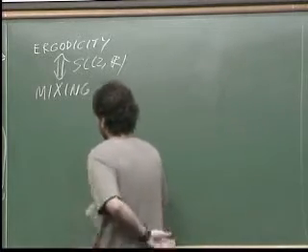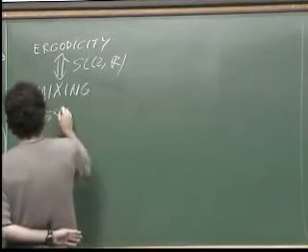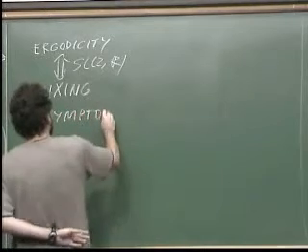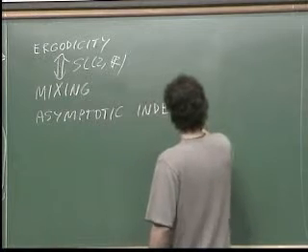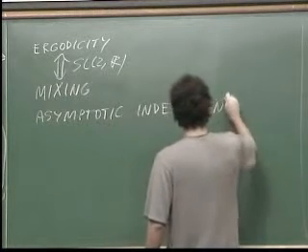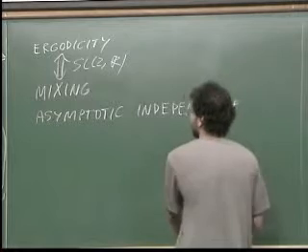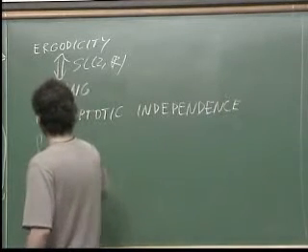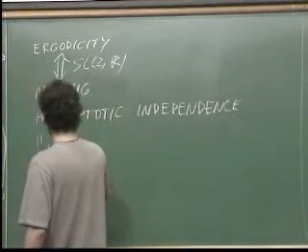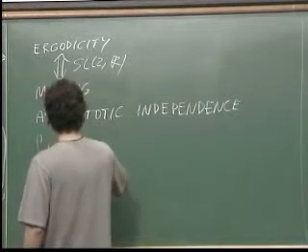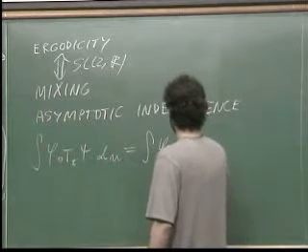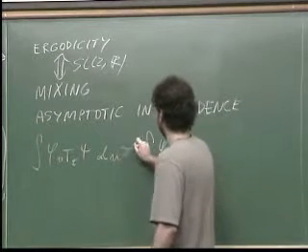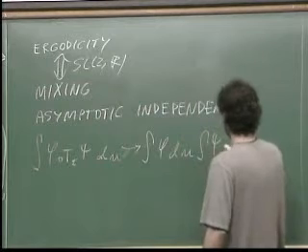This is asymptotic loss of memory, or asymptotic independence. You can write it like this: the integral of φ composed with the flow at time t, times ψ, dμ, converges to the integral of φ times the integral of ψ.